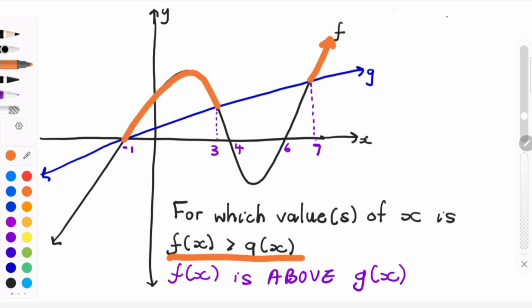So that is where f of x is above g of x. So that happens when x is greater than 7, from this point onwards all the way to infinity. So that's when x is greater than 7 or between -1 and 3, or when x is greater than -1 but less than 3.